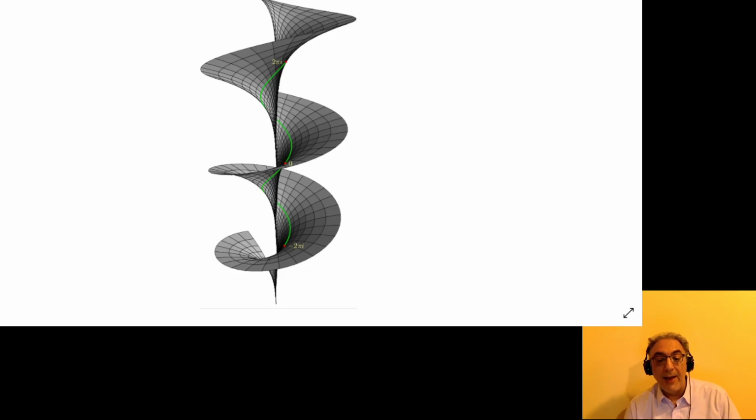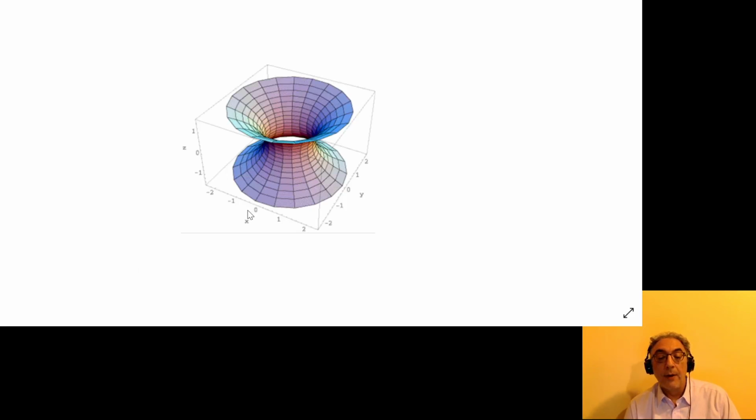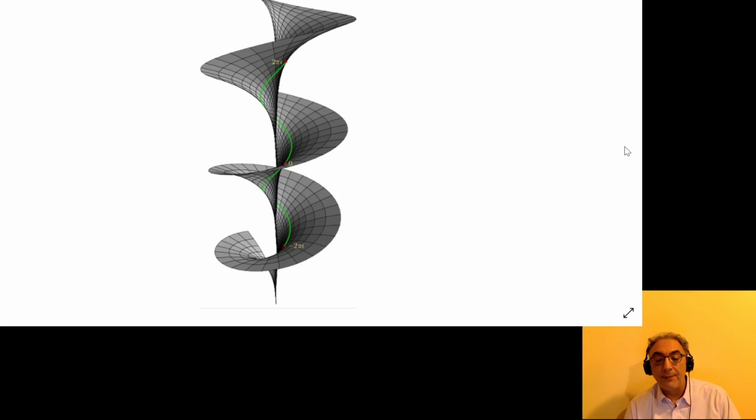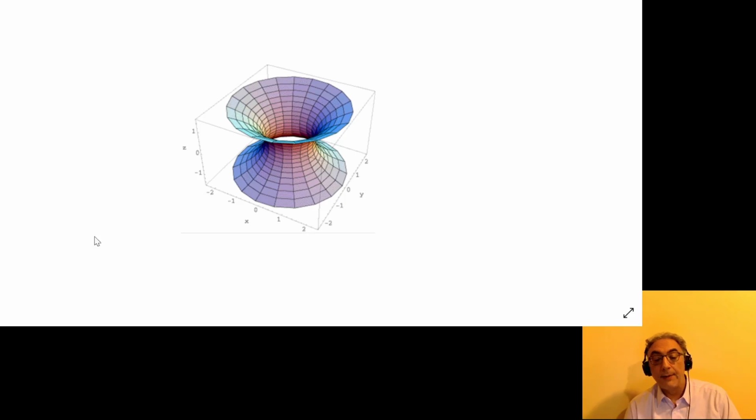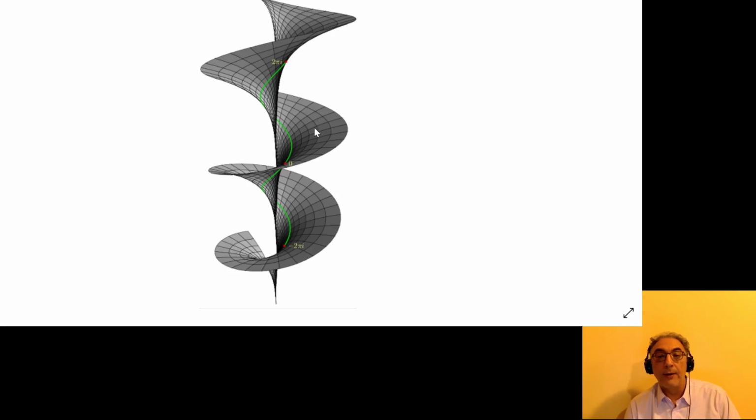So we have an intricate relation between matter and light in this setting, which says that the catenoid is locally isometric with the helicoid, but only locally.